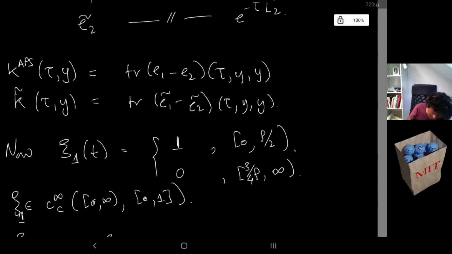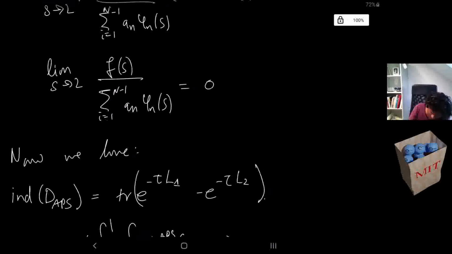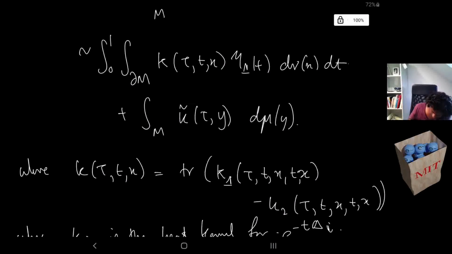So there's an asymptotic expansion of this, a sum from negative n of some alpha y t to the half k.